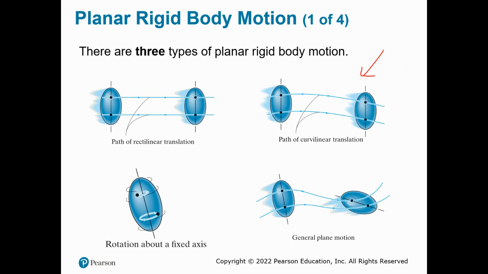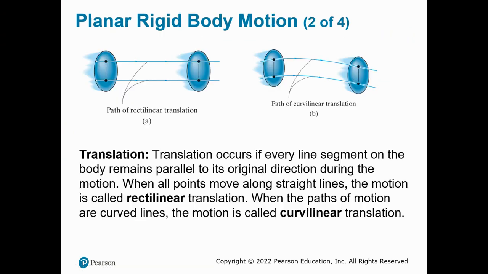And the last one is general plane motion, meaning I have a combination of translational motion and rotational motion. Take a look at how we define it in words. Translational motion means that every line segment on the body remains parallel to its original direction during the motion.